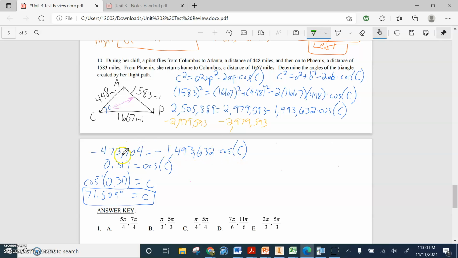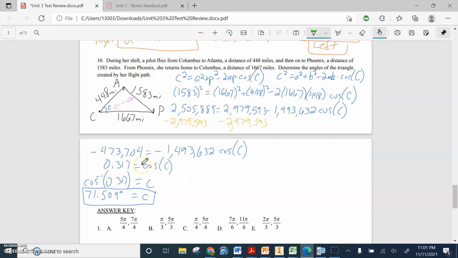So what we have here is negative 473,000 equals negative 1.5 million cosine of c. From there, we divided both sides by the negative 1.493 million, and negative divided by negative gives a positive 0.317 equal to cosine of c.